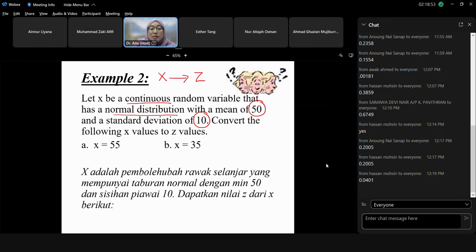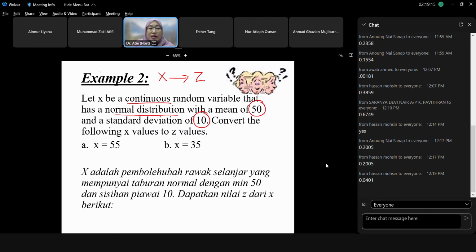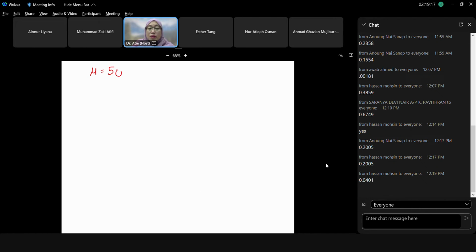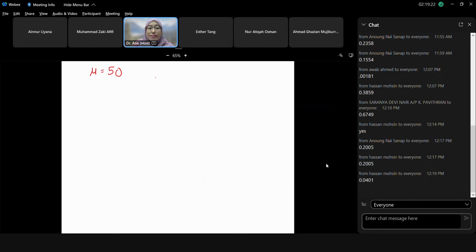So the first one, we need to convert x equal to 55. Before that, in order to answer this kind of question, you need to start by writing the distribution. The mean given is 50, and the standard deviation is 10, so sigma is equal to 10.